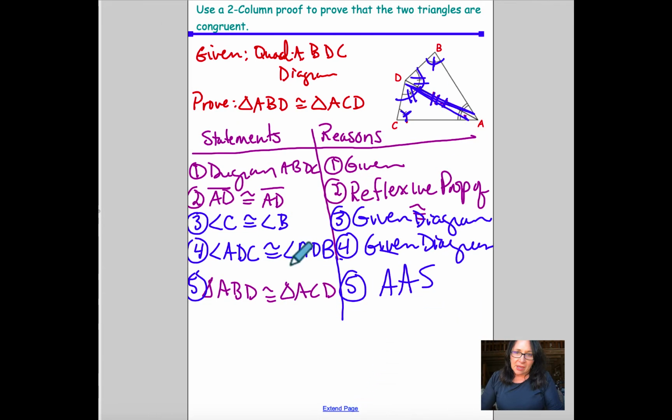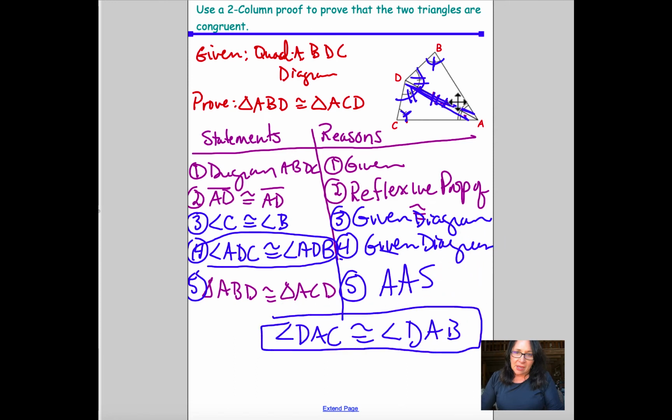Now, like I said, you could have very easily taken out this step right here, and instead of that one, you would have said angle DAC is congruent to angle DAB, and the reason would have been given diagram, but that one would have also worked. And had you used this angle up here, then the two triangles would have been congruent, not by angle, angle, side, but by angle, side, angle.